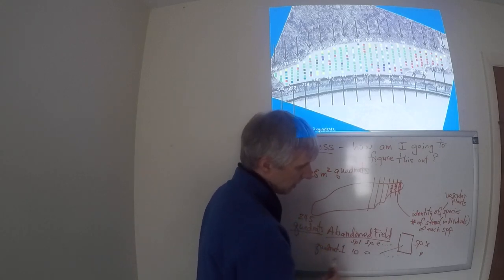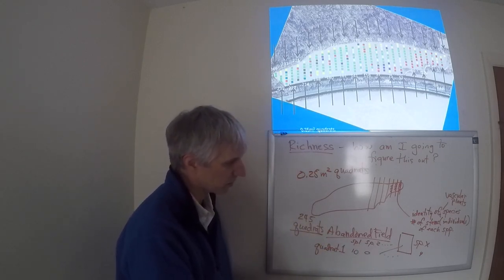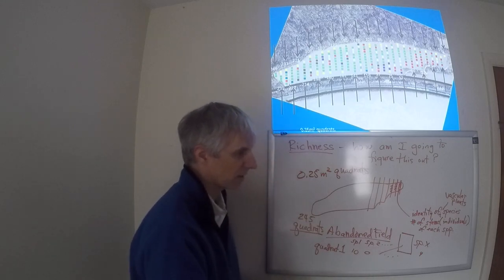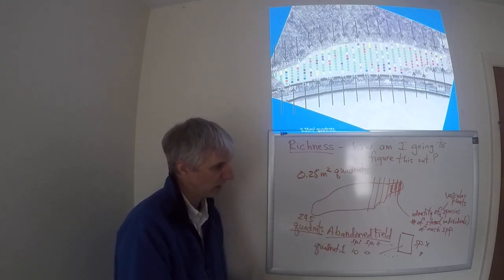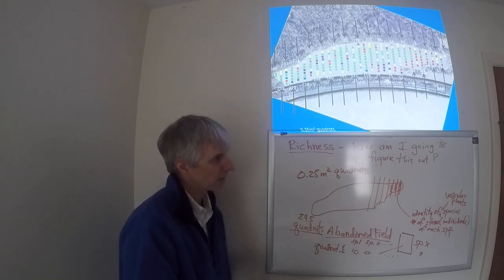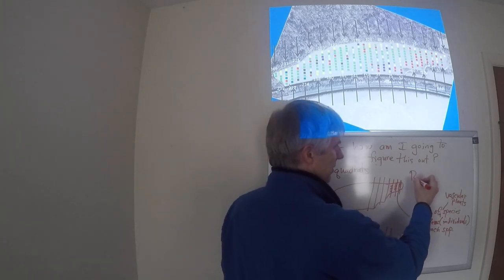Each column would be the number of individuals within a particular species, and that would be our record of each of the quadrats.